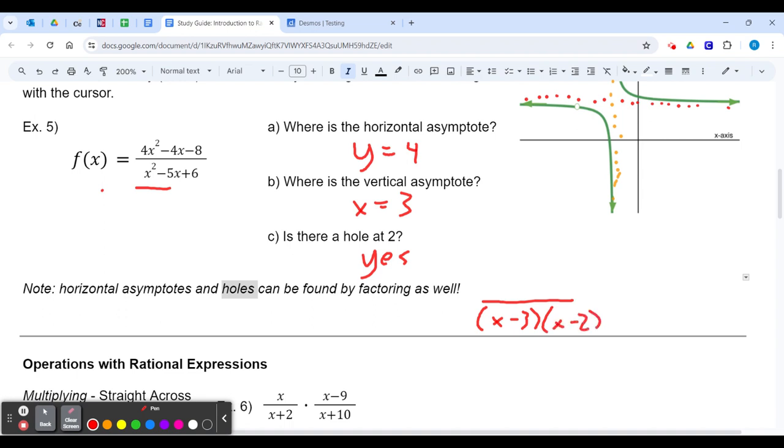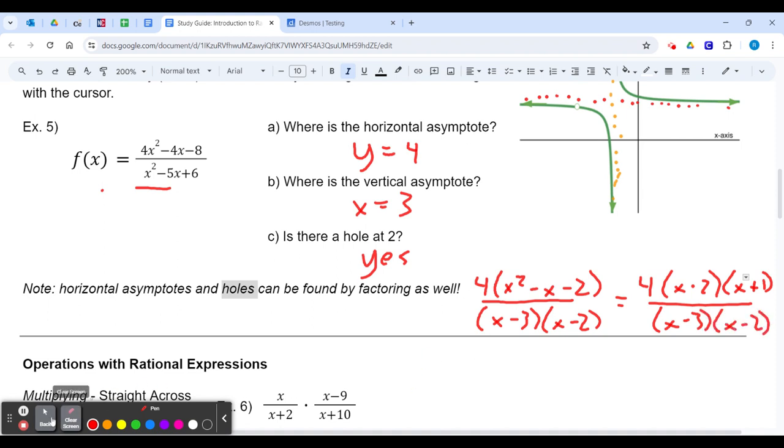Up top, I would have a 4 factored out for my greatest common factor. Then I'd have x squared minus x minus 2. And this can be rewritten in factored form as 4 up top, we get x minus 2 times x plus 1. And on bottom, we get x minus 3 times x minus 2.